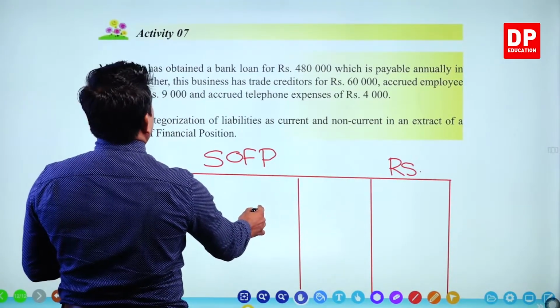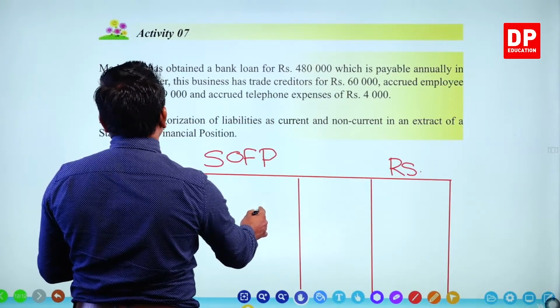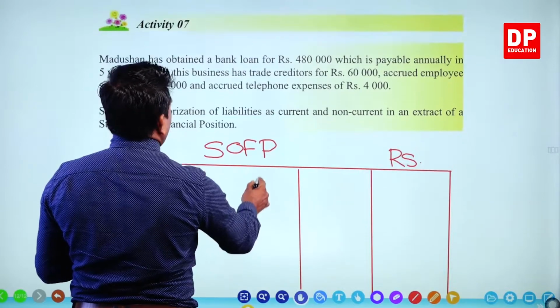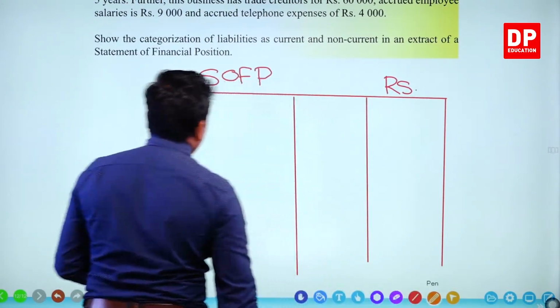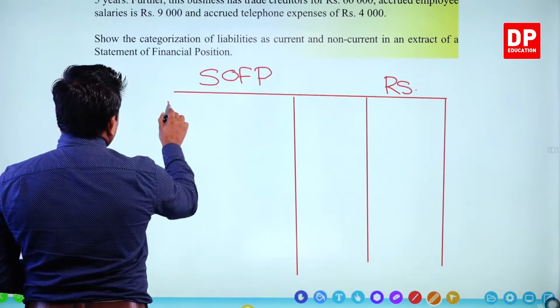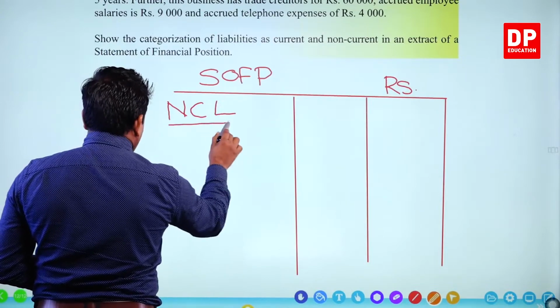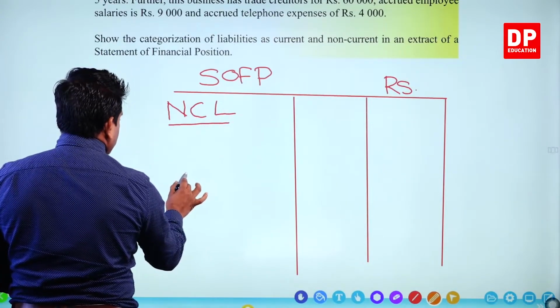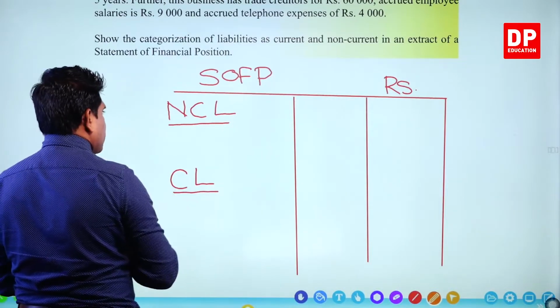Here they don't give us the date, so no need to mention the date, right? But you classify liabilities how? On the top we write non-current liabilities. After that we can write current liabilities. It is the procedure, right?